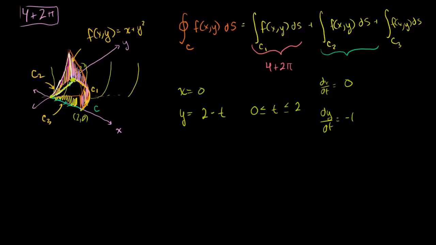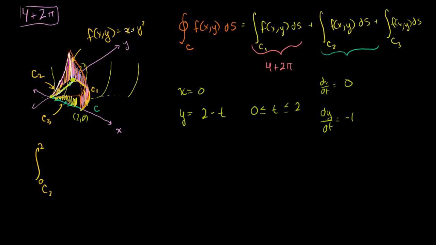And so let's just break it up. We have the integral along C2, and we'll say we're going from t is equal to 0 to 2 of f of xy.